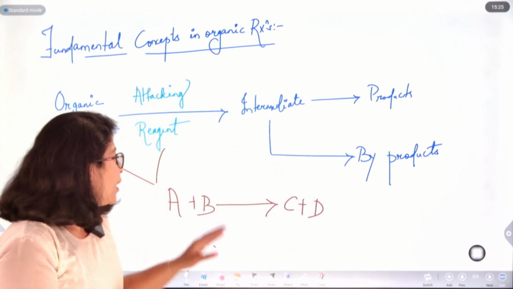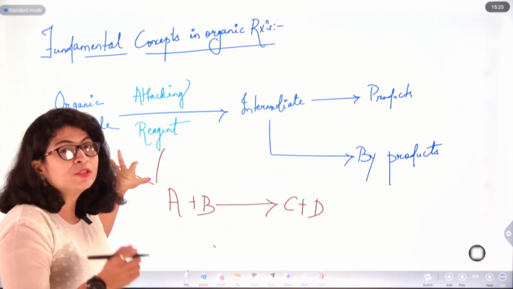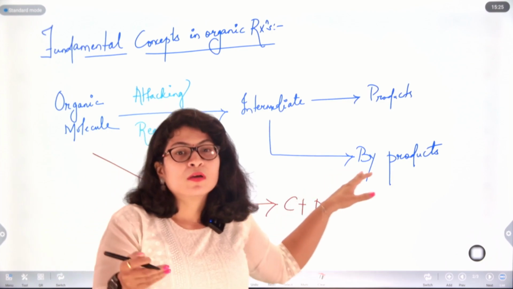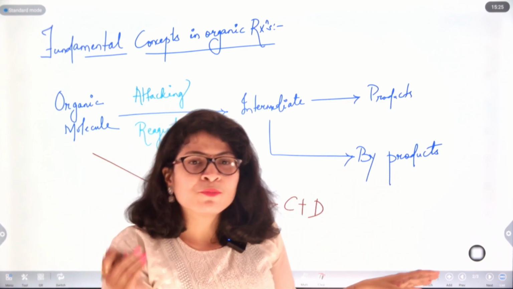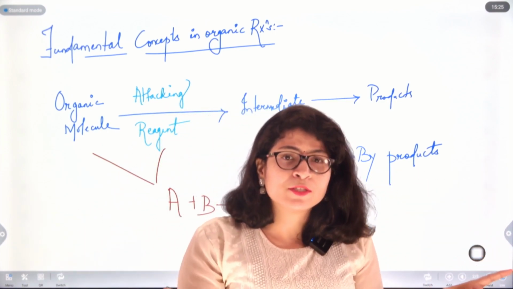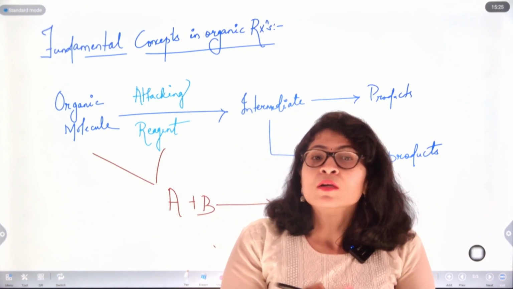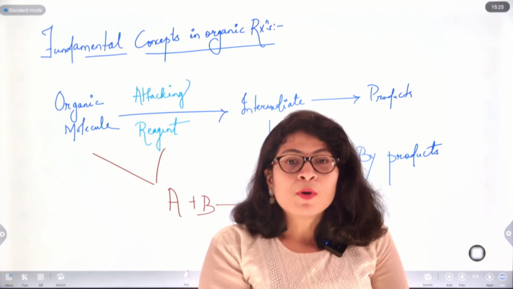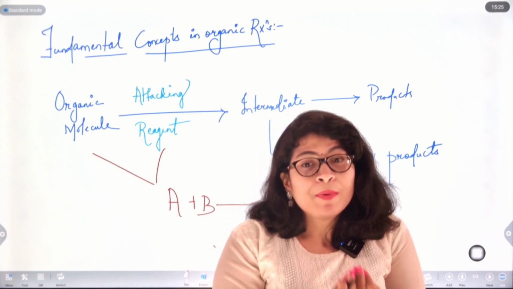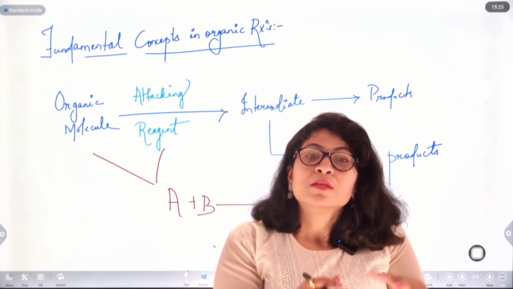If both the substrate and reagent have a carbon atom, then the choice of substrate is based on our focus of study. Whichever compound we are paying attention to becomes our substrate.